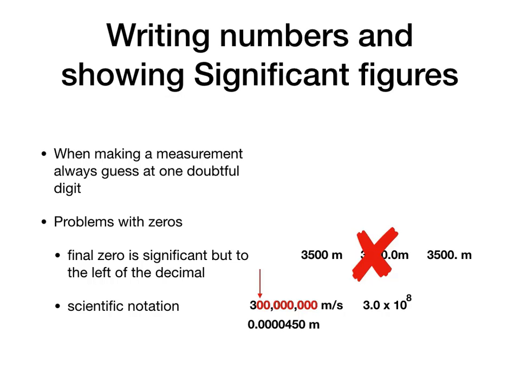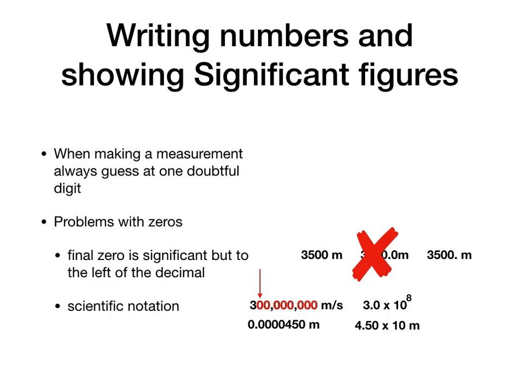And if you've got a small number like this one, 0.0000450 meters, same thing. You move the decimal point till you've got only one significant digit to the left of it, and the first significant digit in this case is the 4, so it's going to be written as 4.50 times 10 to the something.